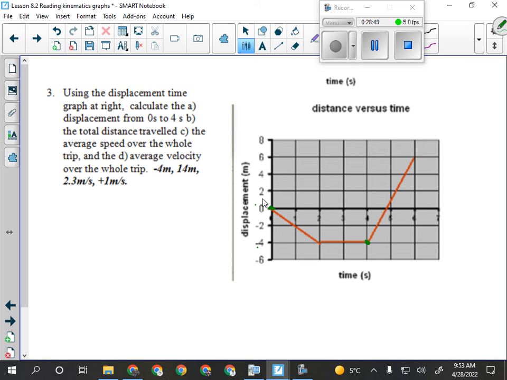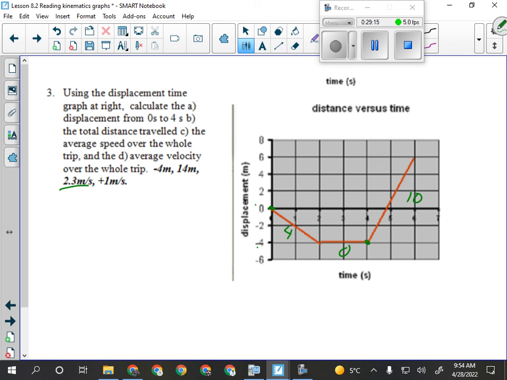Okay. Total distance traveled. Well, 4 meters, 0 meters, and 10 meters. So 14 meters would be our total distance traveled. And then average velocity, average speed over the whole trip. Well, we just figured out the hard part, so it's 14 divided by 6, which will give us 2.3 meters per second.